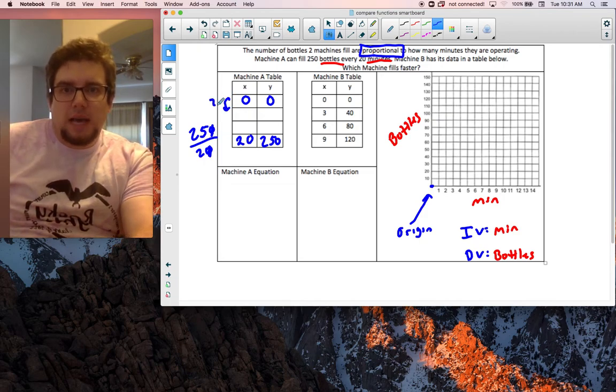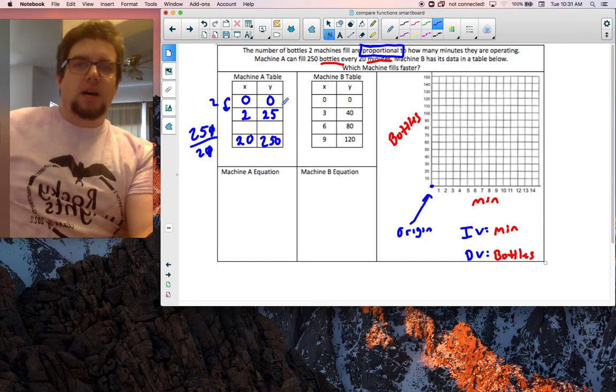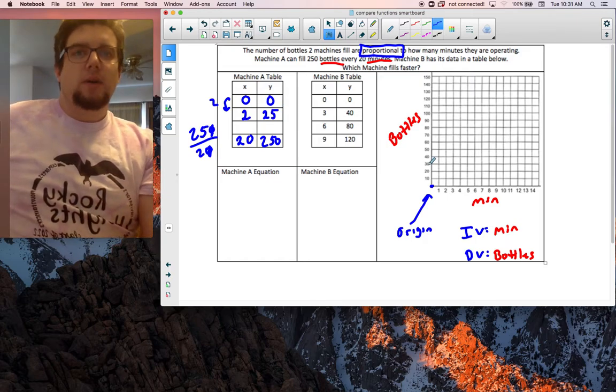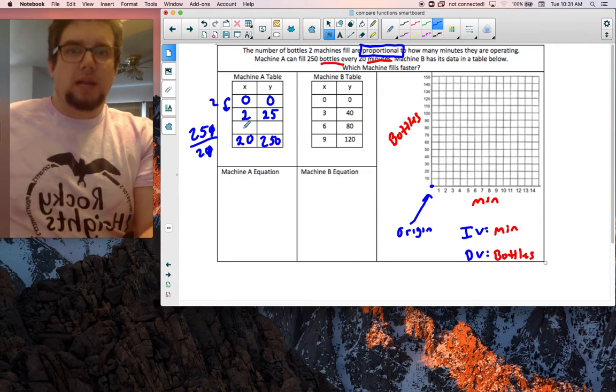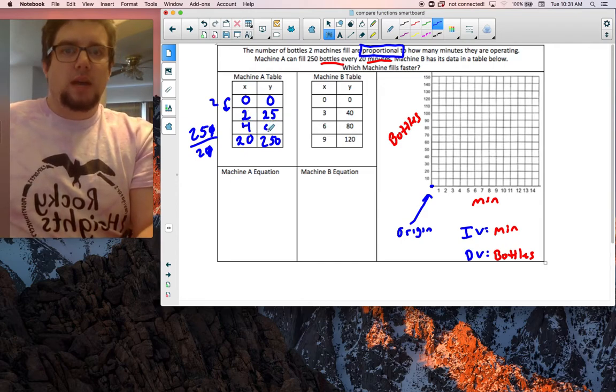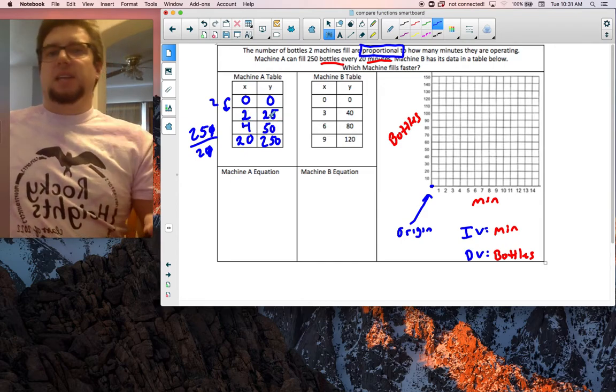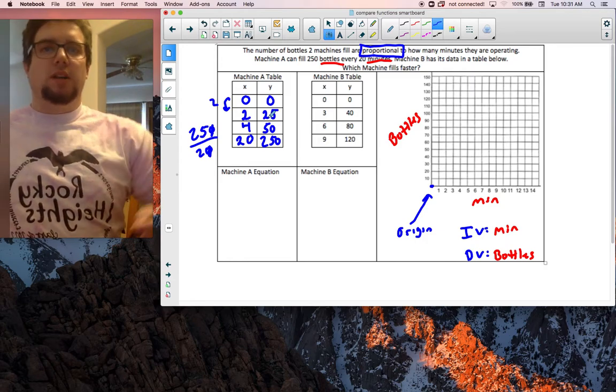2 minutes elapse, and our machine is able to make 25 bottles. So now we actually have some points you can plot. So at 4 minutes, we'd have 50 bottles. At 6, we'd have 75, so on and so forth.